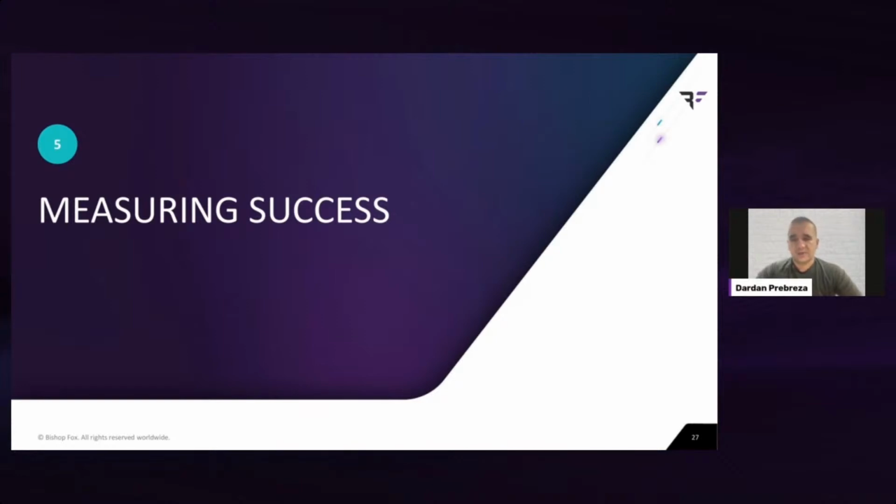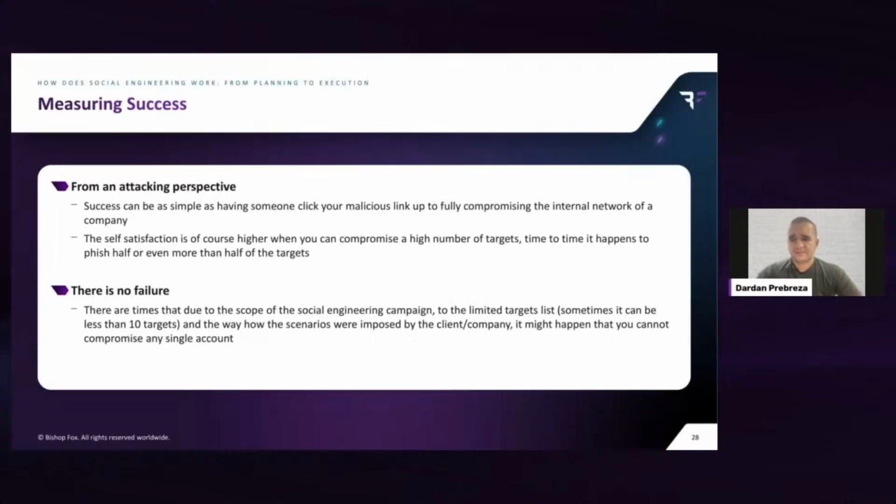And the last part here is about measuring success. From an attacking perspective, success can be as simple as having someone click on your malicious link, up to fully compromising the internal network of a company. However, the self-satisfaction is, of course, higher when you can compromise a high number of targets.